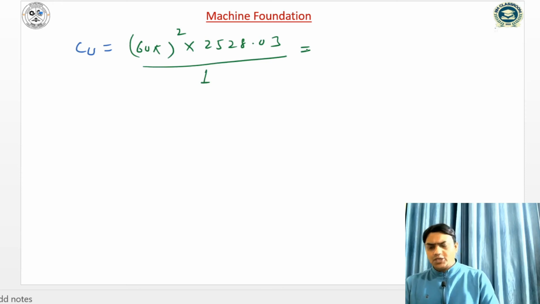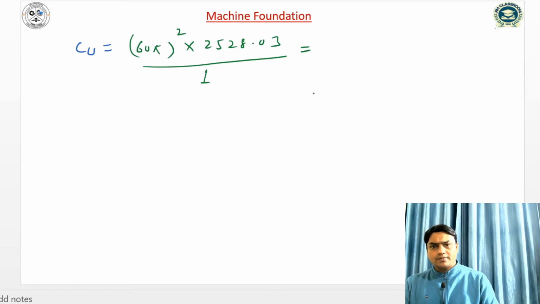So the value will be 60 pi whole square into 2528.03, divided by 1000.